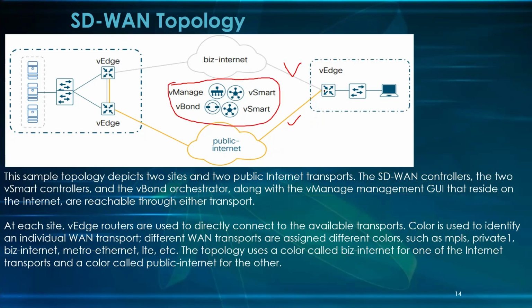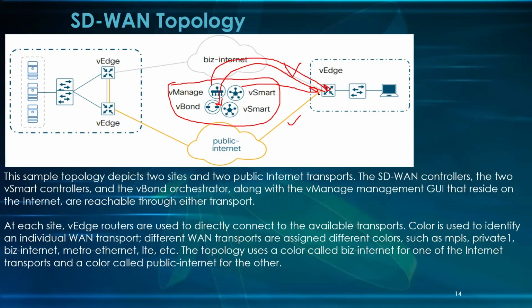Now think: if this device is exchanging information with vBond, or vManage is sending configuration to the vEdge devices, or the vSmart is sending control plane information over the internet, what is going to happen? Anyone can capture the information in between, right? If it is just open information, anyone sitting on the internet can hijack or capture it, and that's where they can get into our WAN.